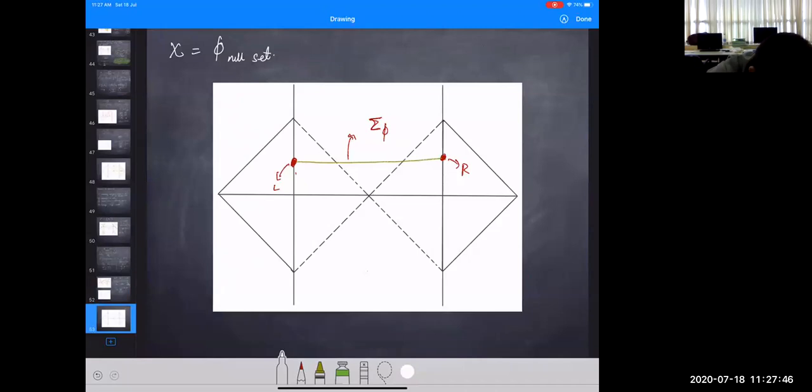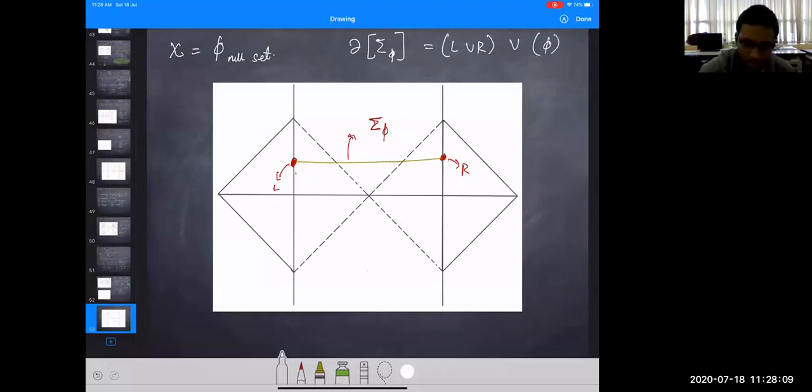It says that the boundary of the null entanglement wedge, which is this straight line, should be equal to L union R union your extremal surface chi, which is basically your null set. Okay, so this equation is true, right? Because this is a zero-dimensional thing, and this is a 1D thing.